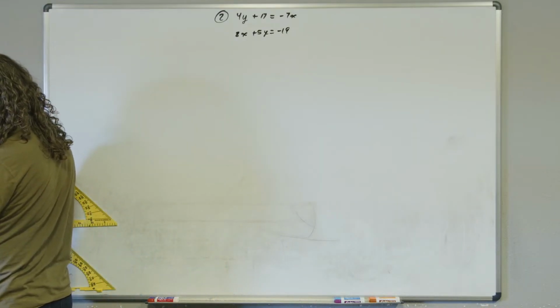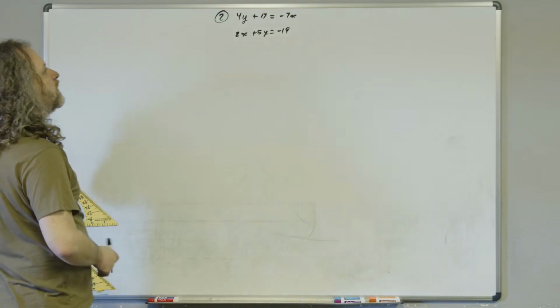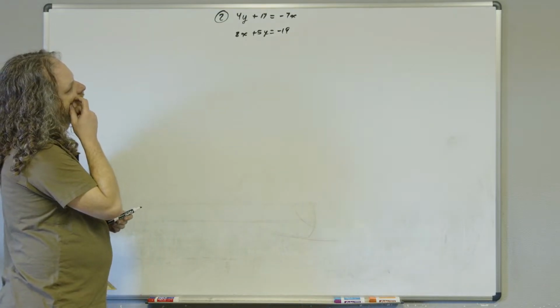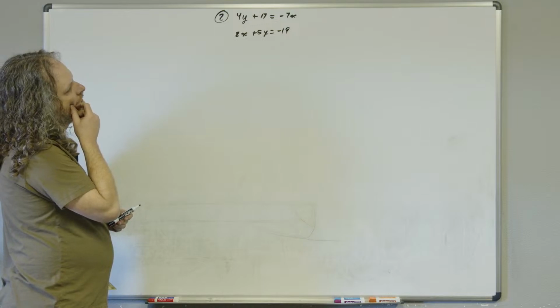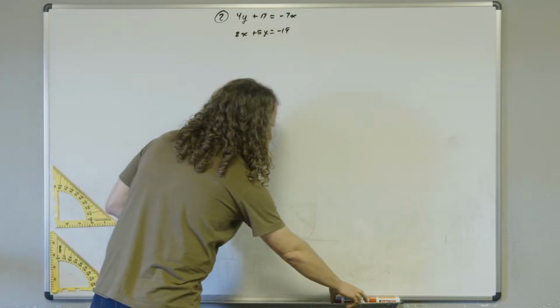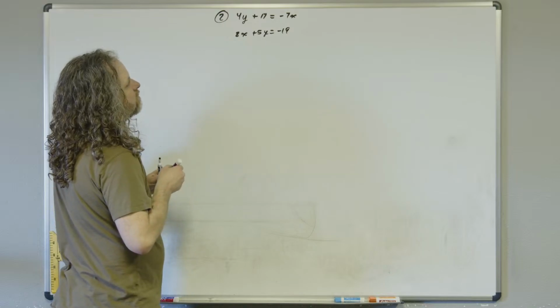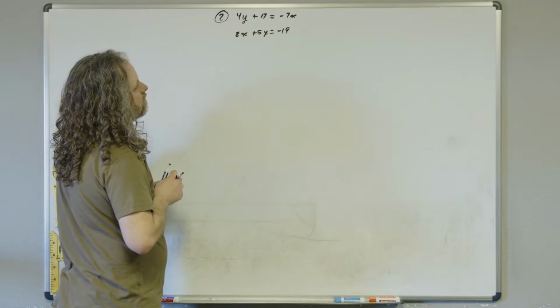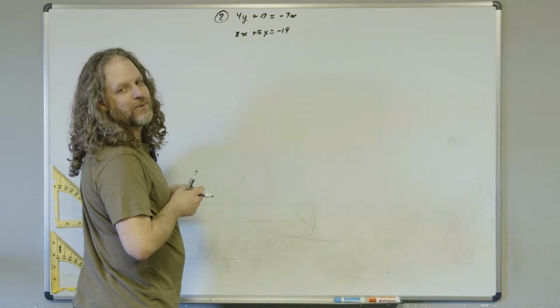We've got to get the 4y on the other side, so that the x's and y's are on the same side. Should we put the negative 7x on the other side and keep the y there and put the 17 on the right side? You could do either one of those things.